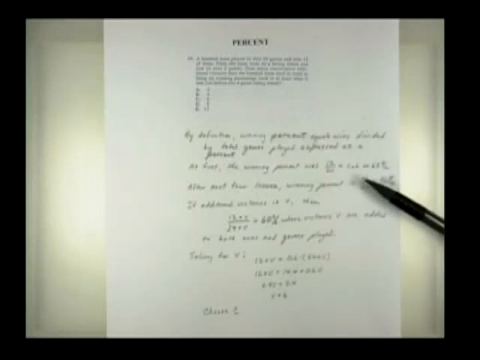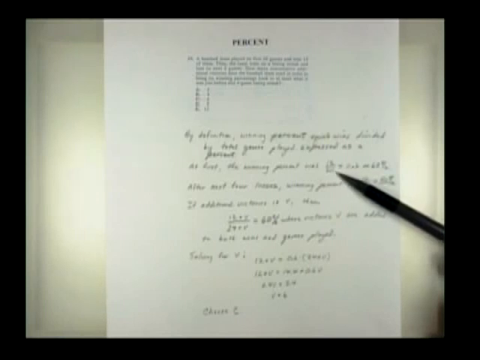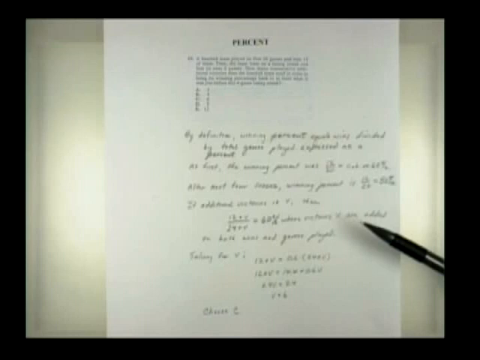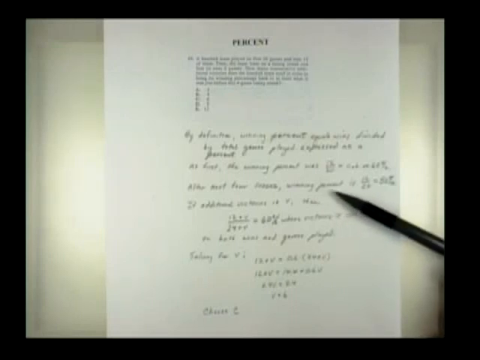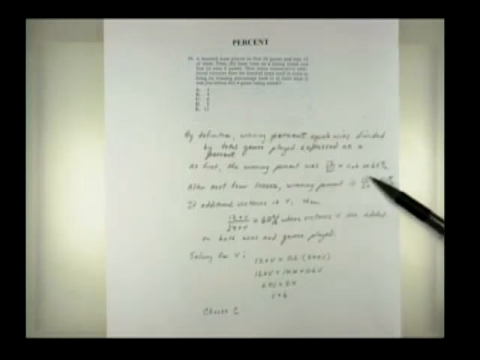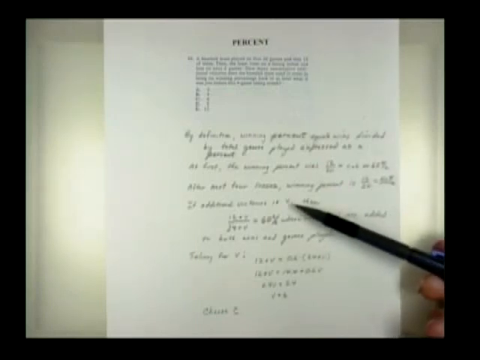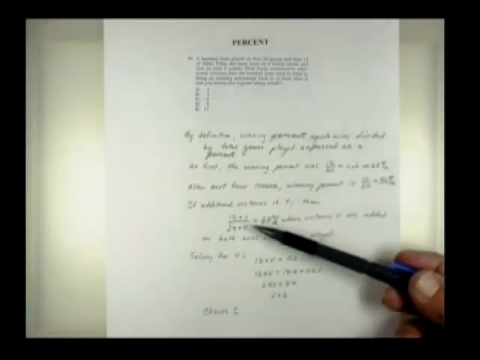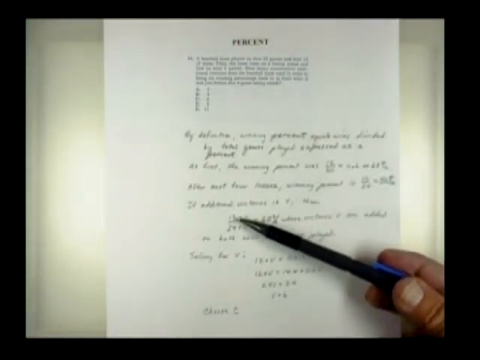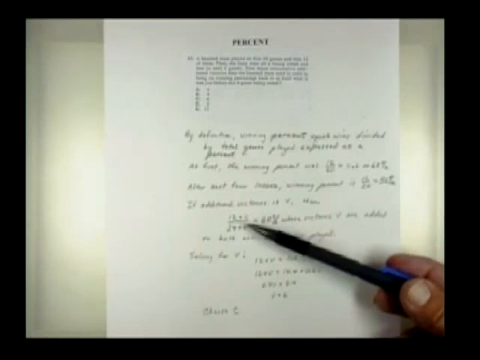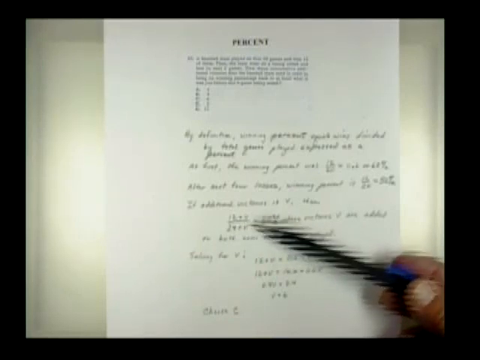At first, the winning percent was 12 wins over 20 games played, which equals 6/10 or 60%. After 4 losses, the winning percent became 12 wins over 24 total played, or 50%. If additional victories is V, then the new expression becomes 12 victories plus V over 24 games plus V games played.